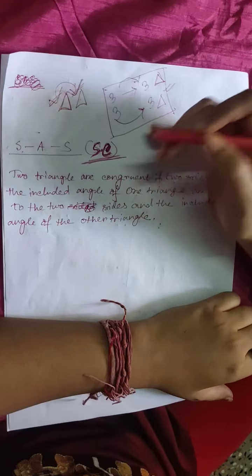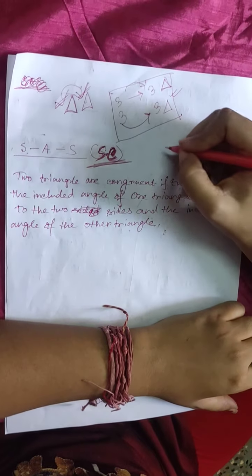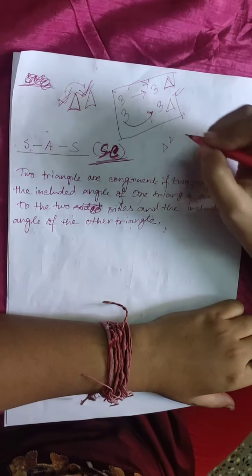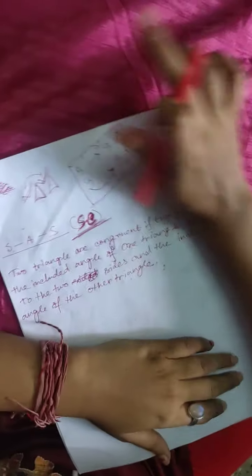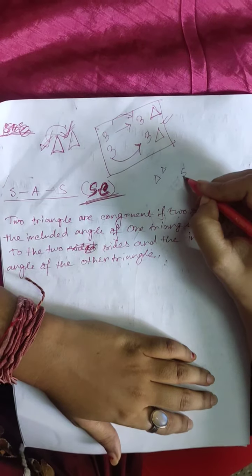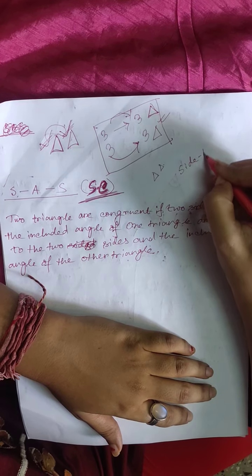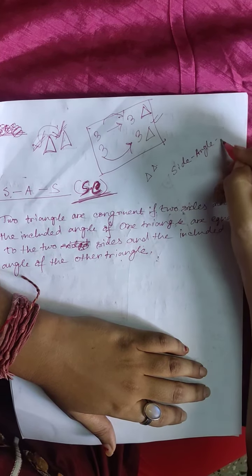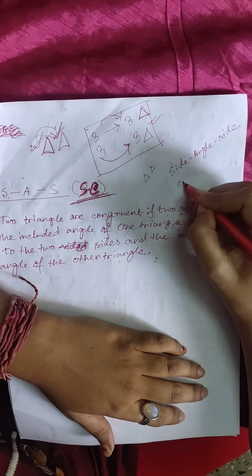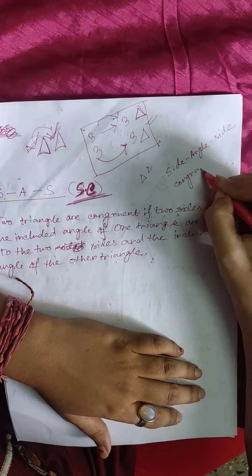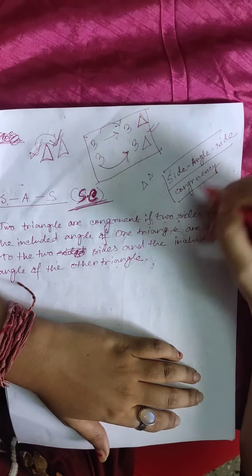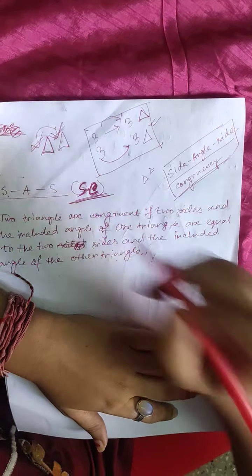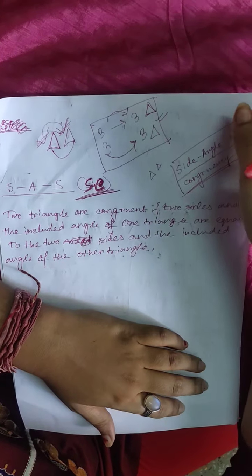Now, one of the shortcuts to prove whether two triangles are congruent to each other is known as SAS congruency. Now, what is the full form of SAS? That is side angle side congruency. So here it is a shortcut to prove whether two triangles are congruent to each other.